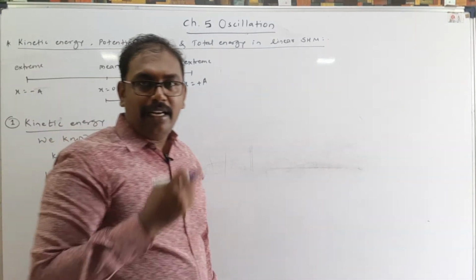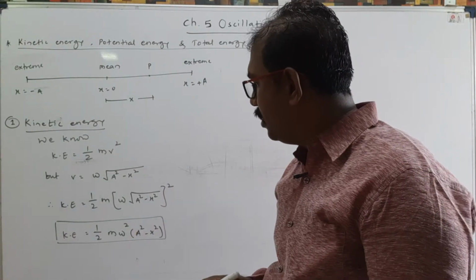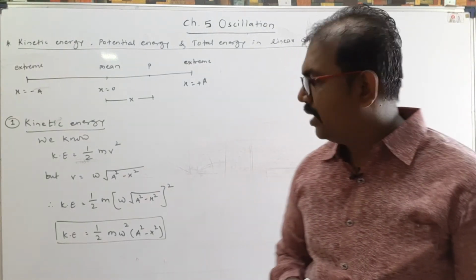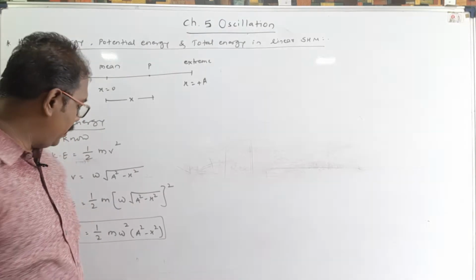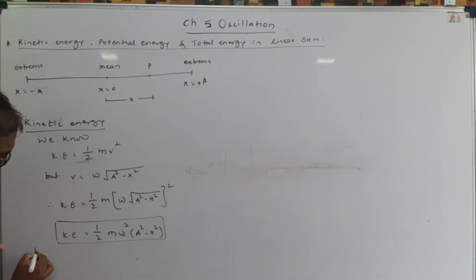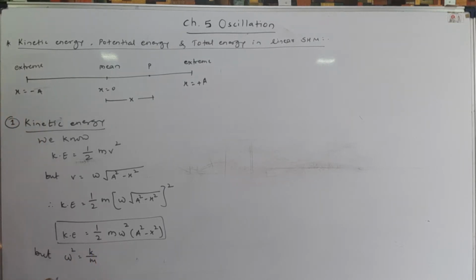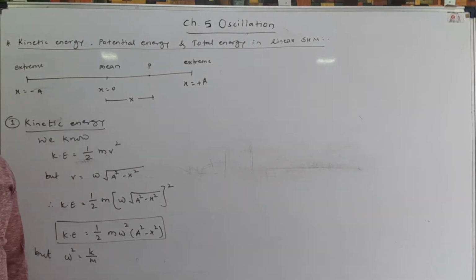So we get the kinetic energy expression, and it is 1 by 2 m omega square in a bracket a square minus x square. Also the same formula we can modify by substituting the value of m omega square, because we know that omega square is k by m. This formula we learned in the previous articles as well as in differential equation.